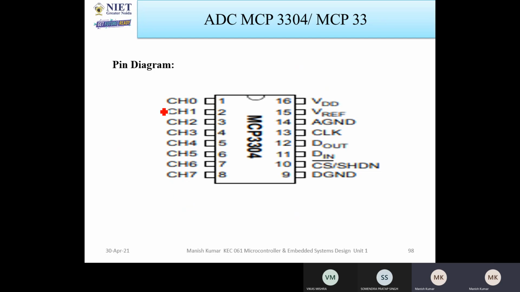Now you can see on the left side there are 8 channels, and on the right side VDD, reference voltage, A ground, that is called analog ground, clock, D out, data out and data in, CS bar and SHDN, that is called chip select or shutdown, and DGND, digital ground.